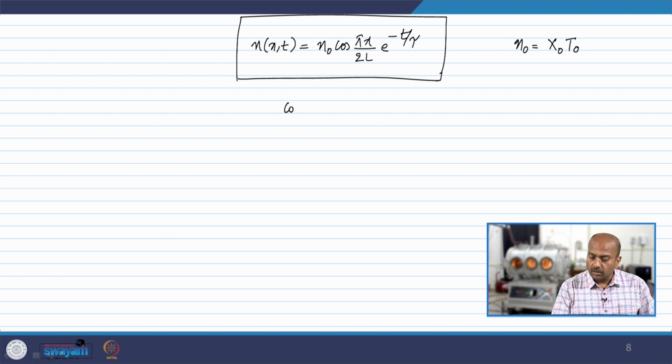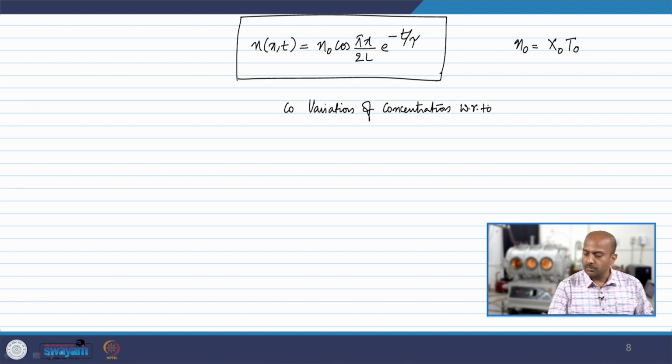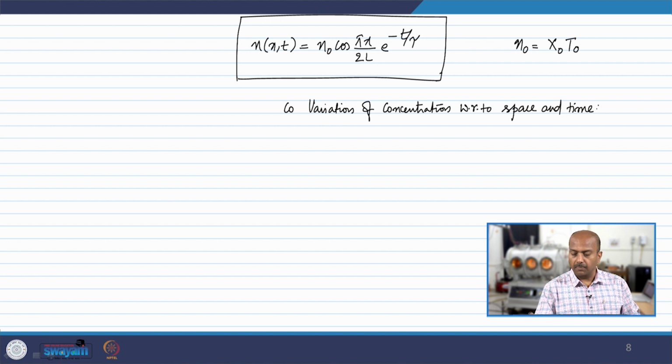So, this is the variation of concentration with respect to space and time. Right. So, cos pi x by 2L is a sinusoidal term, right, but e to the power of minus t by tau is an exponentially decaying term.